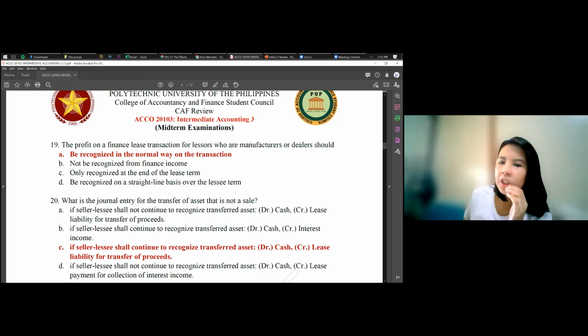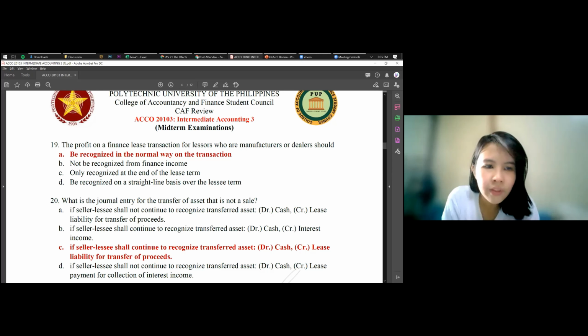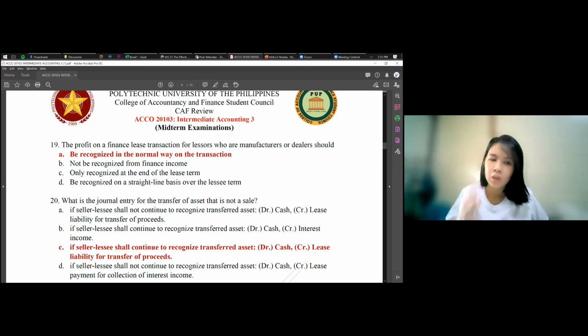Yun, so hindi siya sale, so hindi na mag-a-apply yung na-discuss natin kanina na, di ba, magre-recognize ka ng both interest revenue and parang say gross profit ng sale mo na, or yeah, because you're a dealer manufacturer, but it's not a sale, so we'll eliminate B. Okay, so I think the two choices na magiging contrasting dito ay A or C. So it's definitely not A kasi kailangan nating i-continue yung pag-recognize nung na-transfer na asset. Diba? So we'll cross out A.